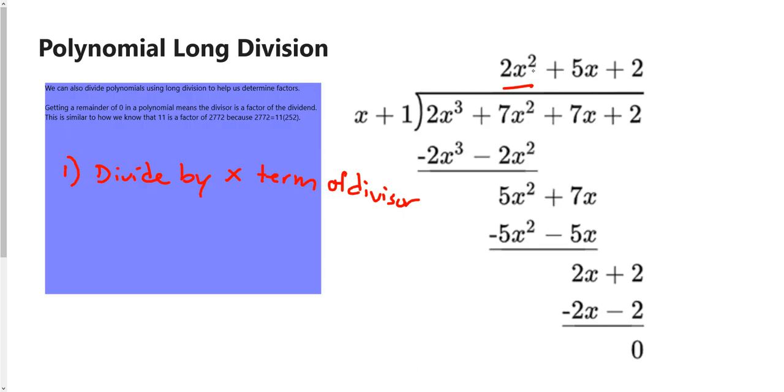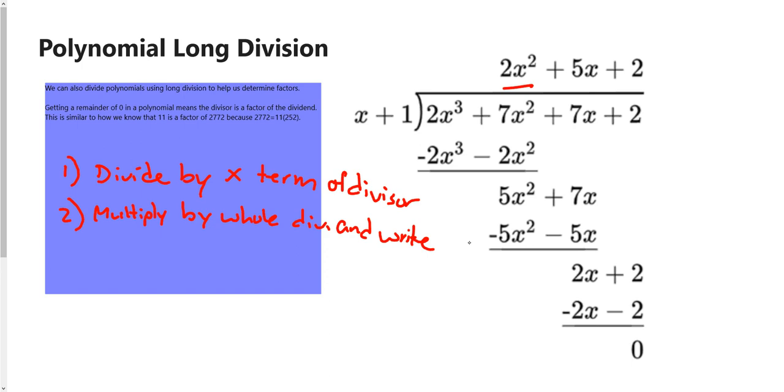So that's what I'm going to do here. 2x squared multiplied not just by x, but this time we're going to multiply by the whole divisor, x plus 1, and we're going to write that down.